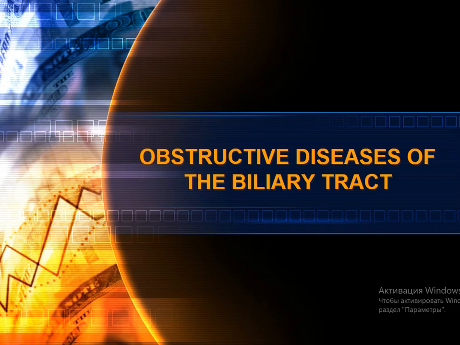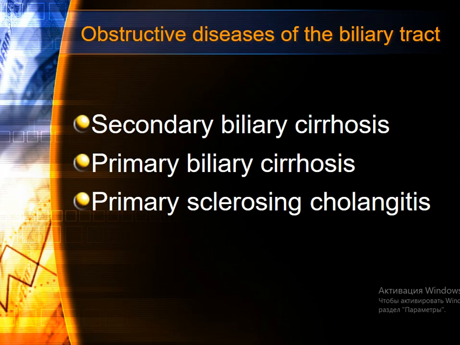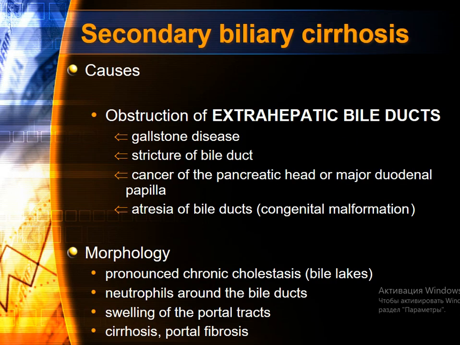And at the end of the lecture, we will briefly talk about obstructive diseases of the biliary tract. These diseases include secondary biliary cirrhosis, primary biliary cirrhosis, and primary sclerosing cholangitis.